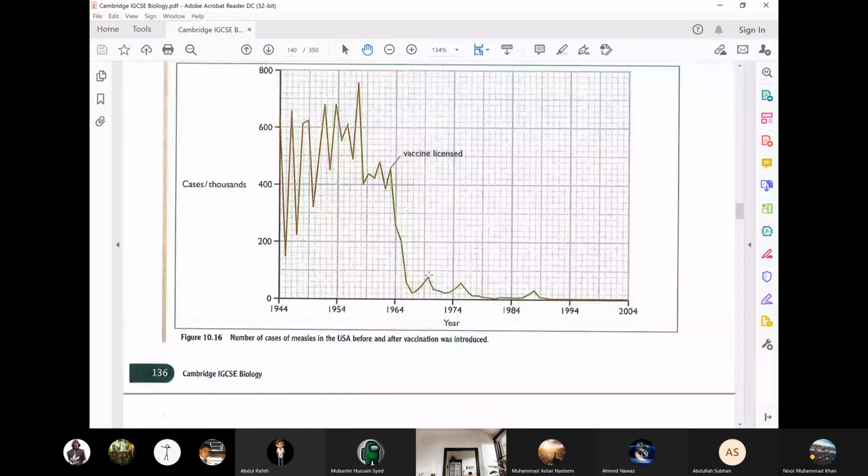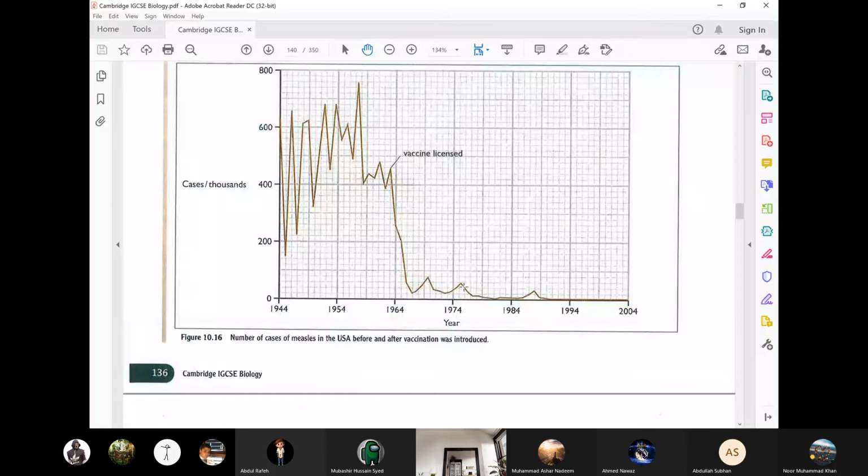Then the cases increase a little bit between 1969 and 1970 and became about 80,000, and then decreased again.